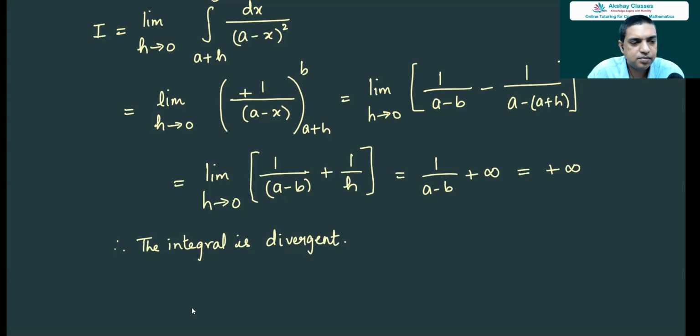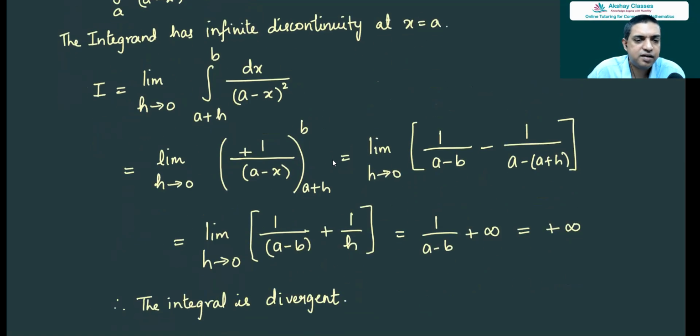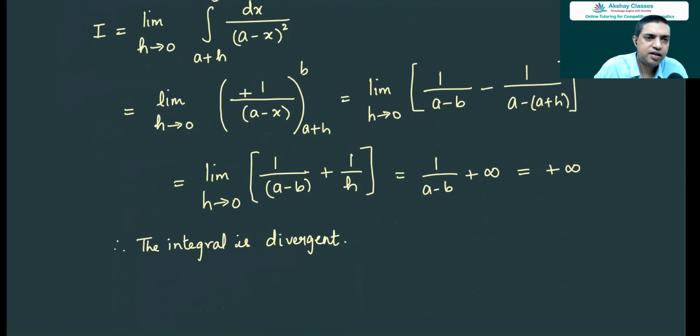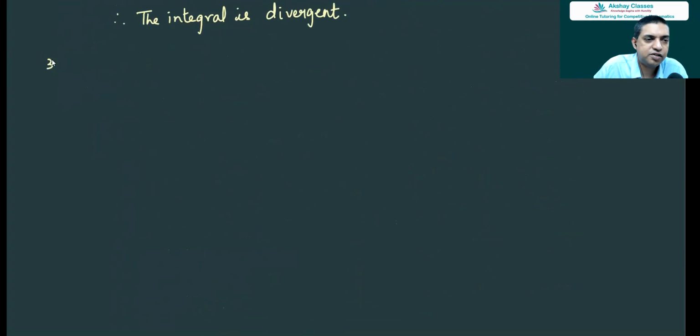So that's the second question. Very simple. It's not difficult, just that we need to be careful when we get problems on convergence and divergence. I will give you one more example. Evaluate integral 0 to 2 dx upon under root of 4 minus x square.